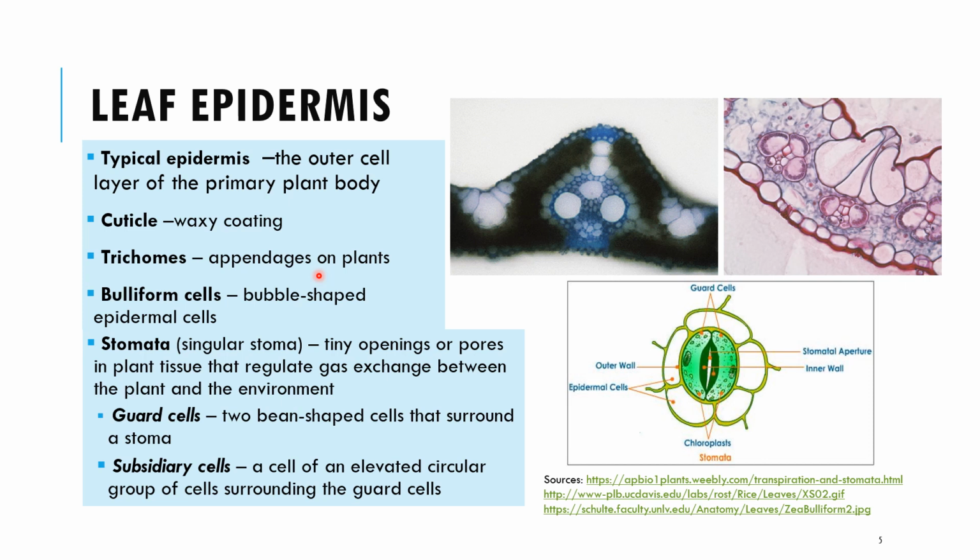I also have one other very interesting structure here. These are bulliform cells, and bulliform cells normally occur in a group on the upper surface of the leaf, generally near the midrib.